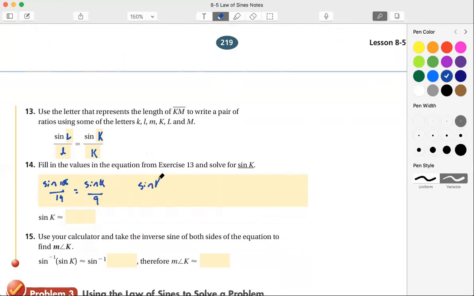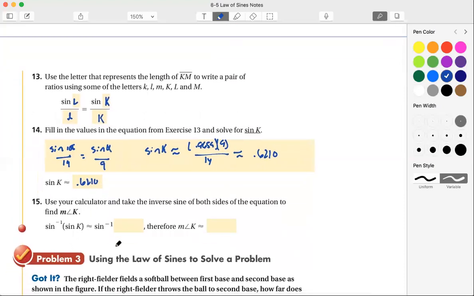So we have the sine of K is approximately equal to 0.9659 times 9 over 14, which is approximately equal to 0.6210. So we're going to take the inverse sine of both sides to solve for the angle, and we get the angle is approximately 38.4 degrees.